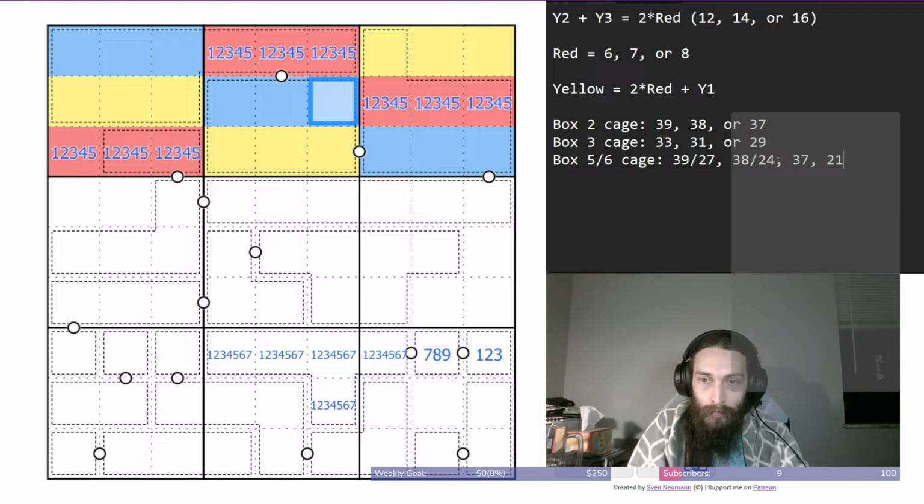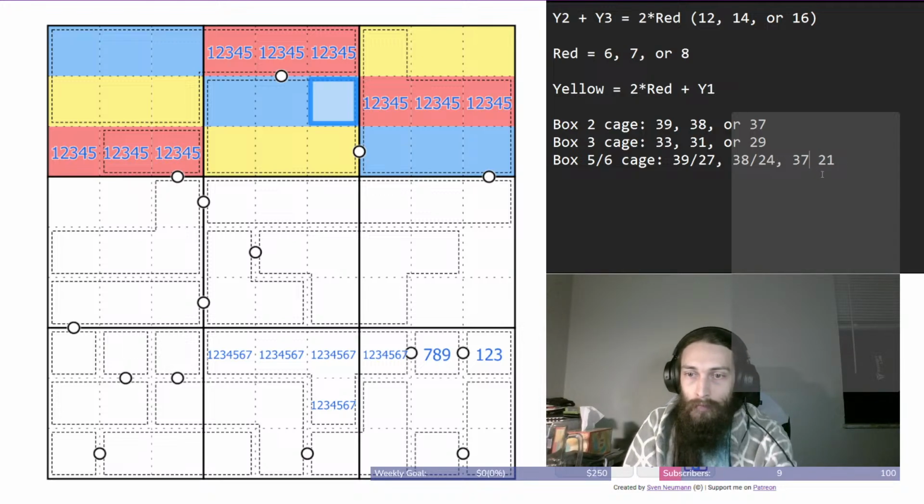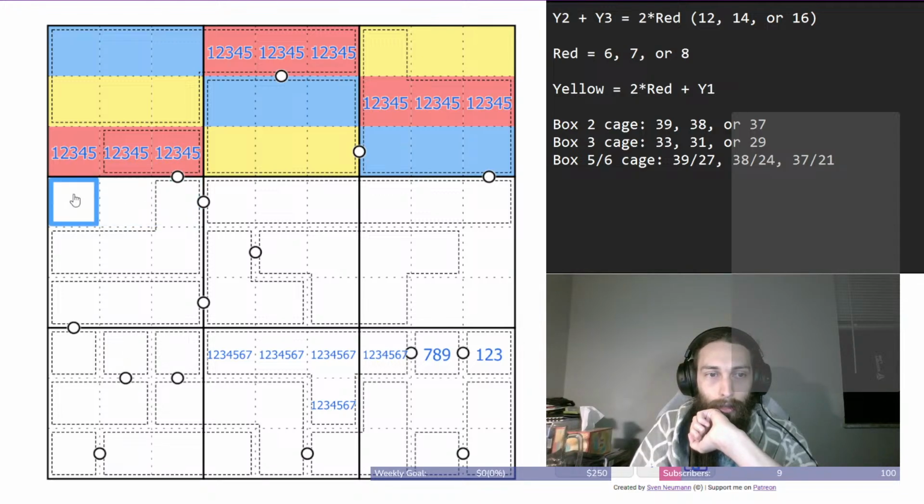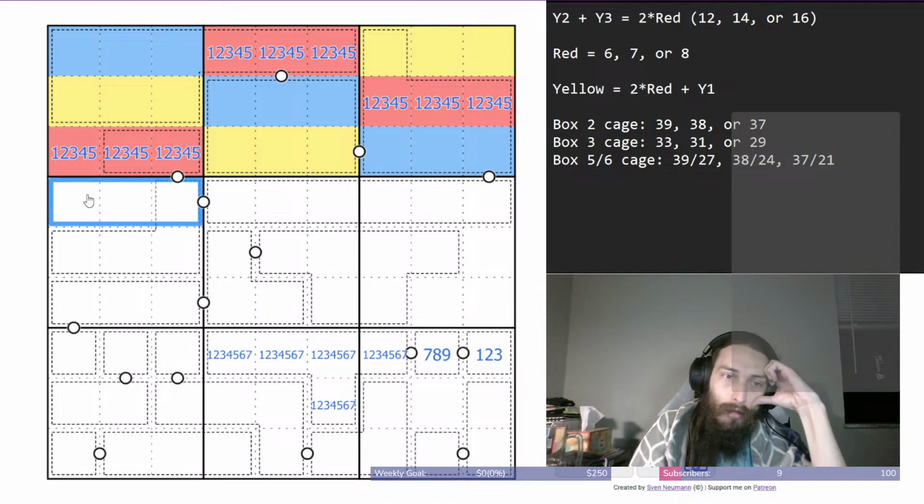And it's going to have to be minus red. Does it have to be? I don't think there's any particular reason why this couldn't be red here. Yeah. Okay.